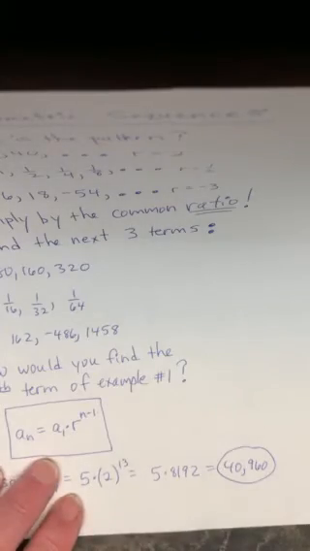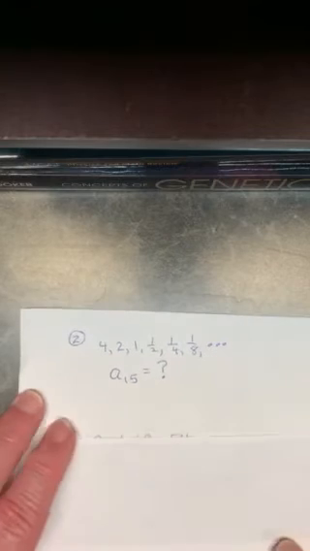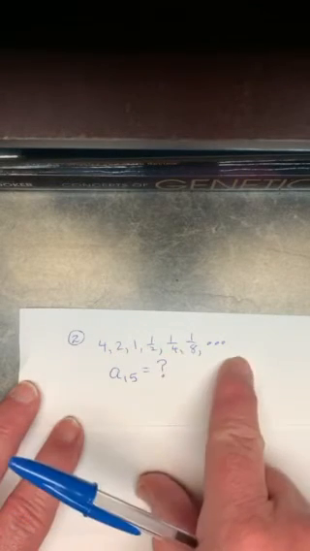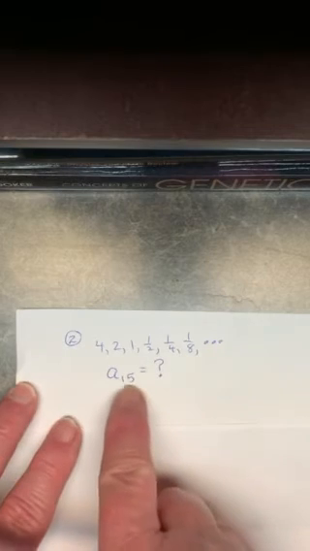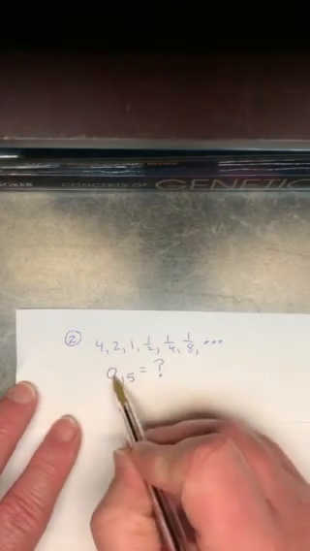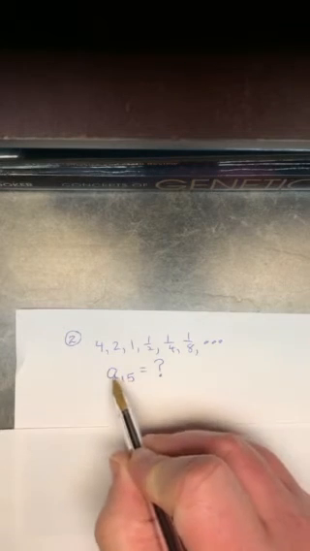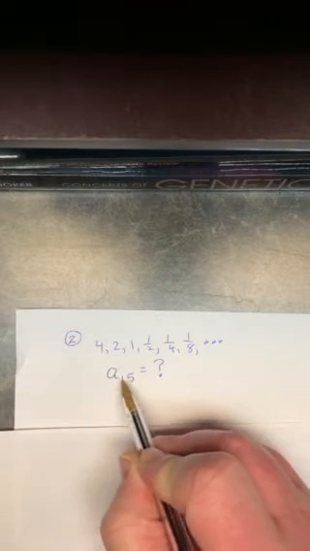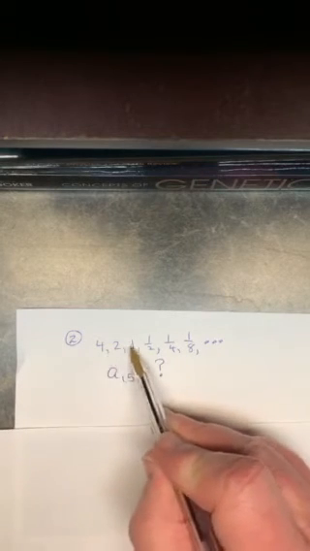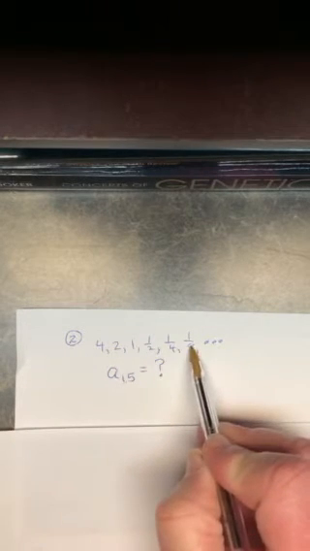Let's try that again. Sequence number 2, remember, was the one that said 4, 2, 1, 1/2, 1/4, 1/8, etc. What if I said, what's the 15th number of that sequence? What's a sub 15? That's all that means. A sub 15 means what's the 15th number in that sequence? Well, there's already 6 of them written down.